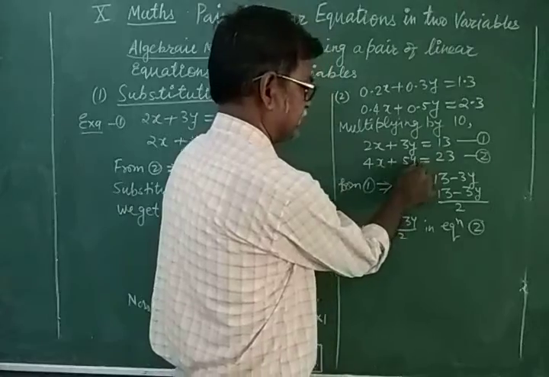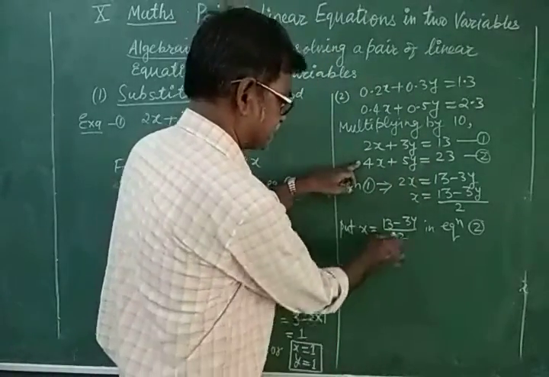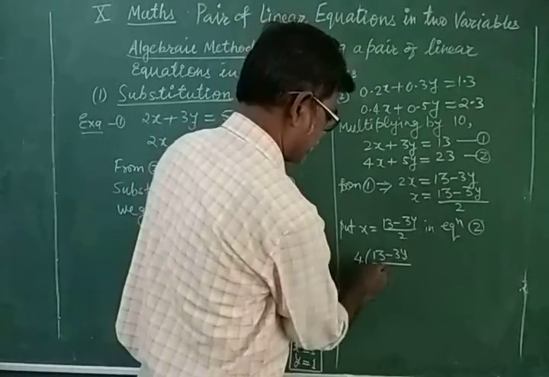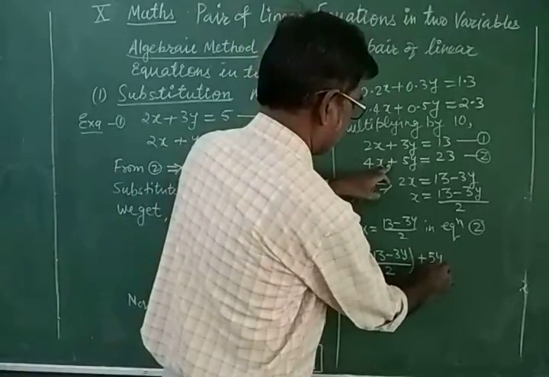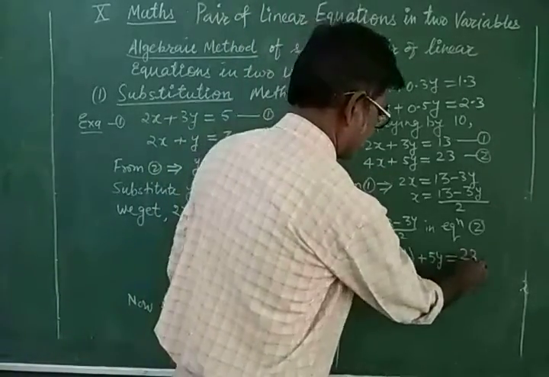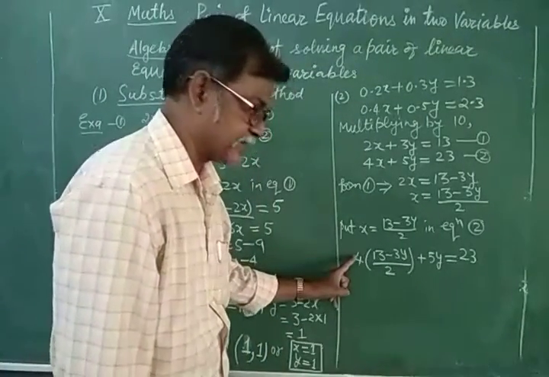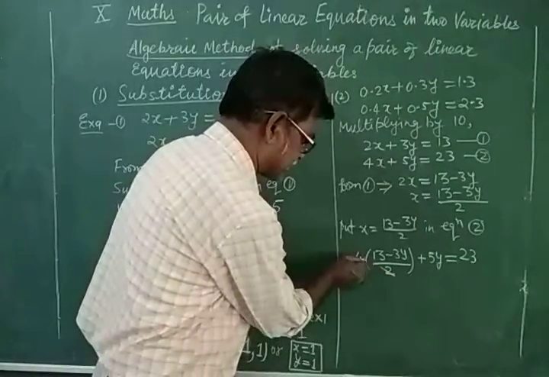So 4 into 13 minus 3y by 2, then plus 5y is equal to 22. Now here is multiplication and division by 2, so 4 will get cancelled with 2.